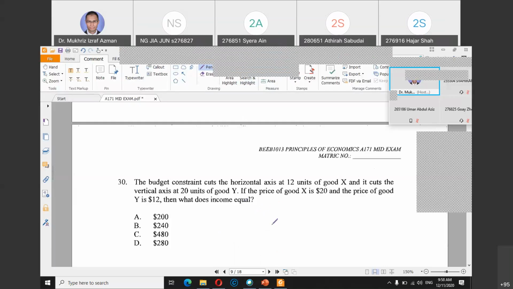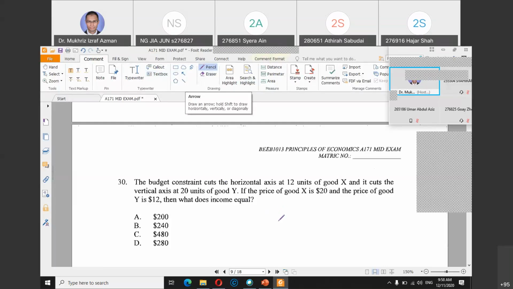I mentioned just now the budget constraint. How do you draw it?